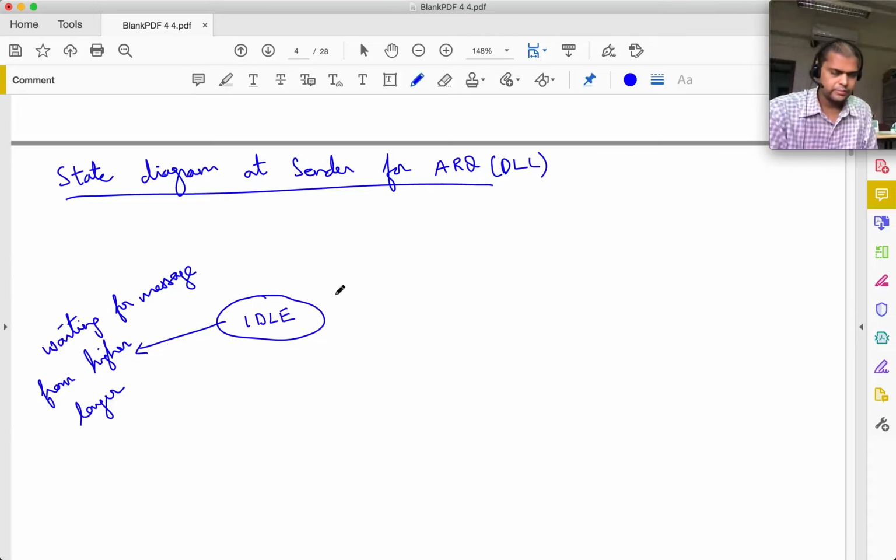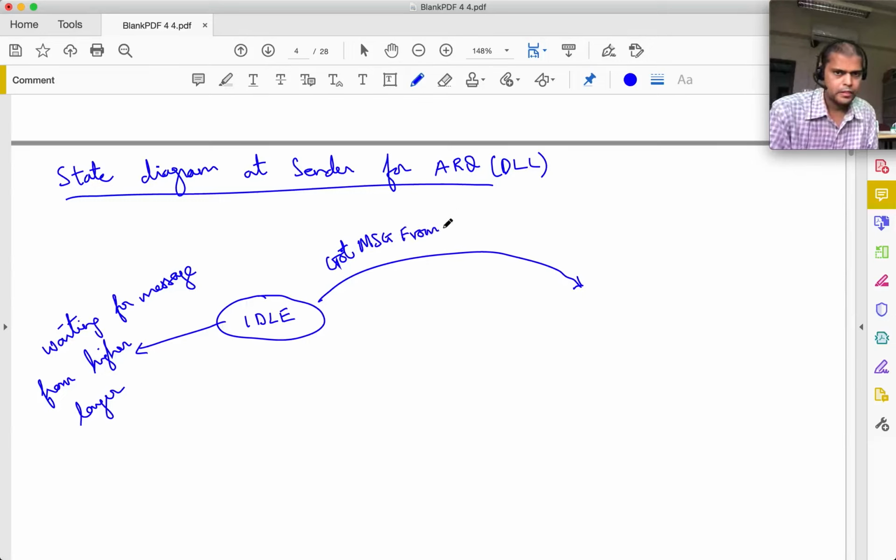And let's say we got a message from a higher layer, so then we move to another state. Say we got a message from the higher layer. So what do we do?